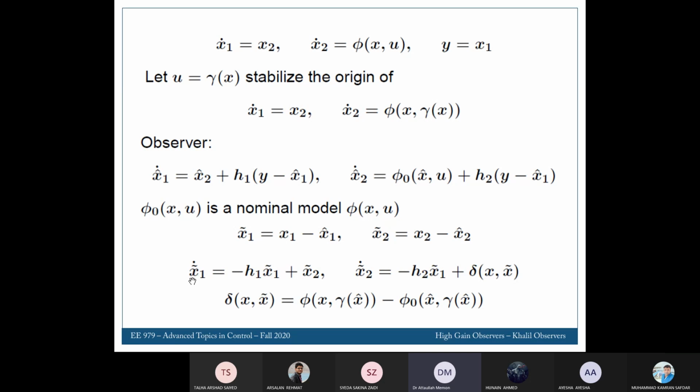If that can happen, then x tilde will always go to 0, no matter what the difference between these two is. That means the difference between the actual system and the nominal system does not matter at all. If that can happen, then we are going to figure out the transfer function.